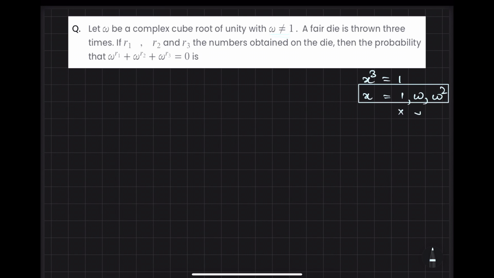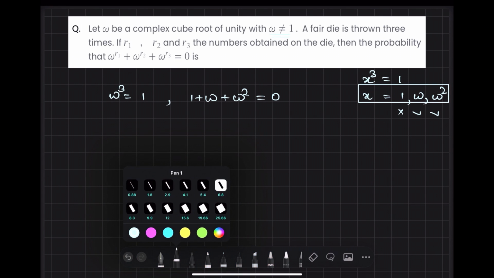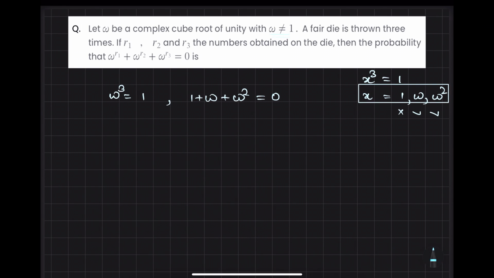This means either this or this, and we have certain relationships based on that. The first is omega cube equals 1, and the second result is 1 plus omega plus omega square equals 0. These are the two results that we have studied in complex numbers regarding cube roots of unity.